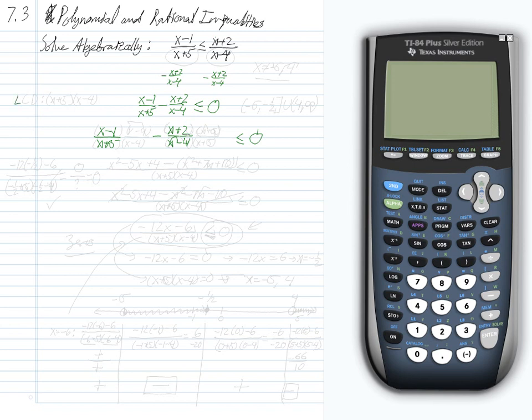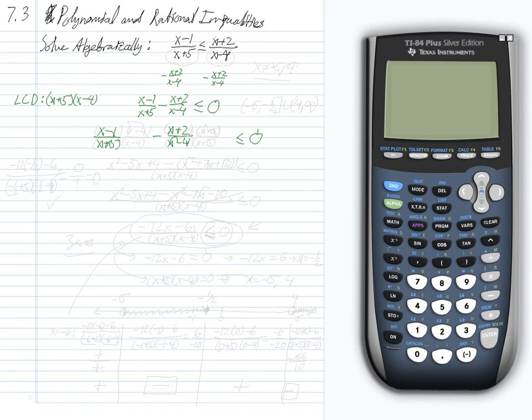So my LCD, before I can subtract these two fractions and combine them into one, I need a factor of x plus 5, the denominator of my left-hand fraction, and a factor of x minus 4, the factor in the denominator of my second fraction. So that's what I'm shooting for.